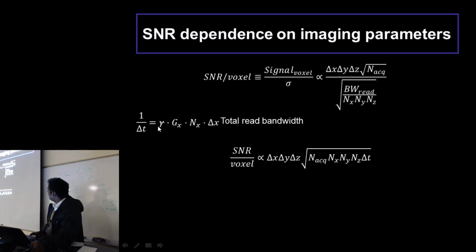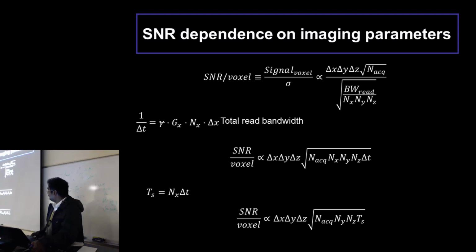This is nothing but your total bandwidth of your read, so that's equal to 1 by delta t. So in this case that's 1 by square root delta t, so that goes to the numerator, and you end up with this expression. If you combine nx and delta t, that's your total sampling time. So your signal to noise ratio per unit voxel is proportional to the time you take to sample your signal. Of course, that's if you keep some other things constant.